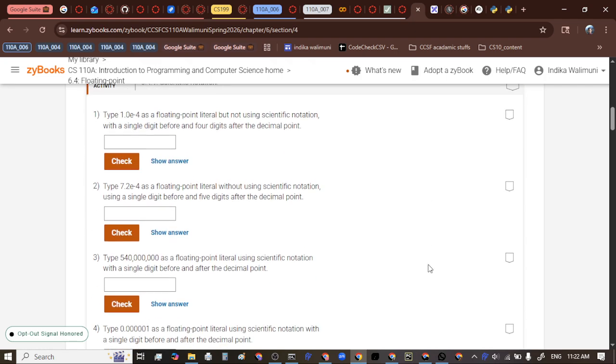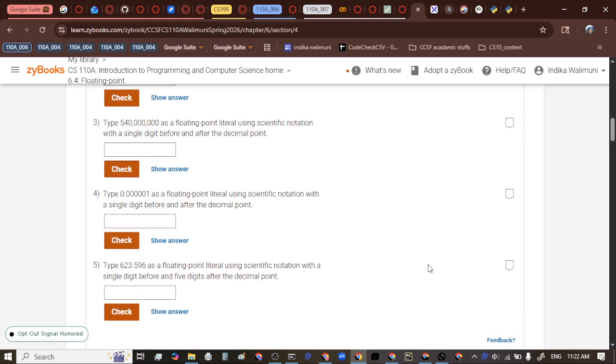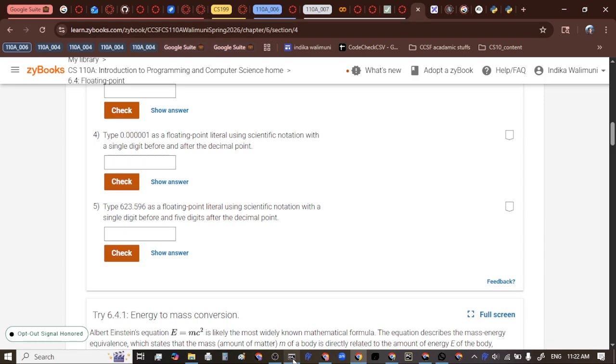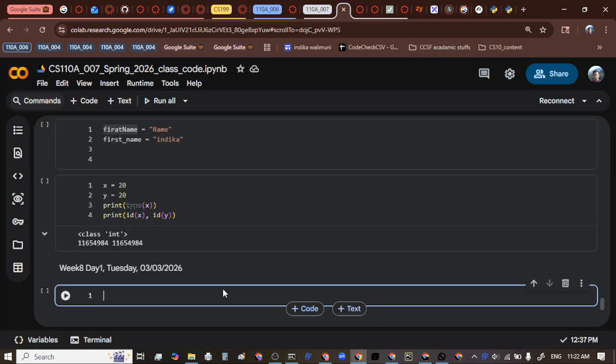All right. Anyway, let's do some of these. I'm going to copy this one, and let's go over here and right here. So print. This is the syntax notation for printing in scientific format. Okay, so let's print this one.